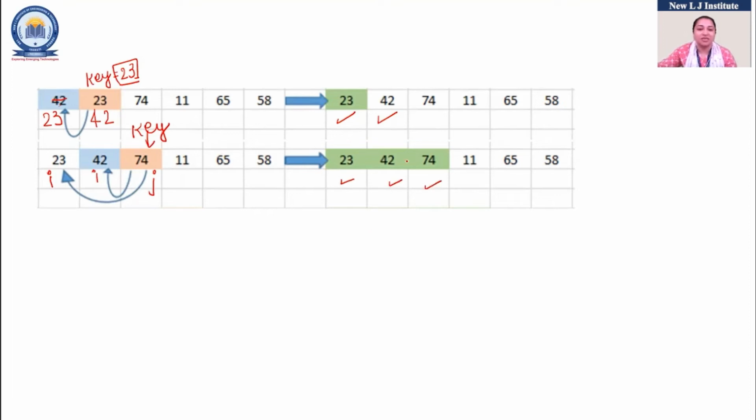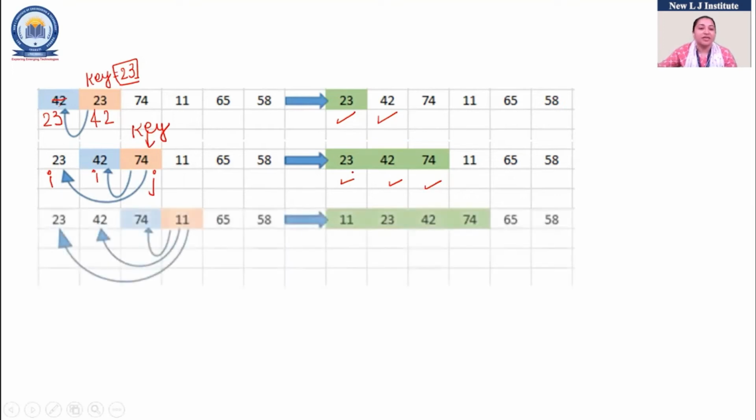Okay, so let us see the next iteration. In the next iteration, we have unsorted elements 11, 65 and 58. This will be our j and this will be our i. i will always be j minus 1 in each and every iteration. So first of all, j will be compared with the ith element.